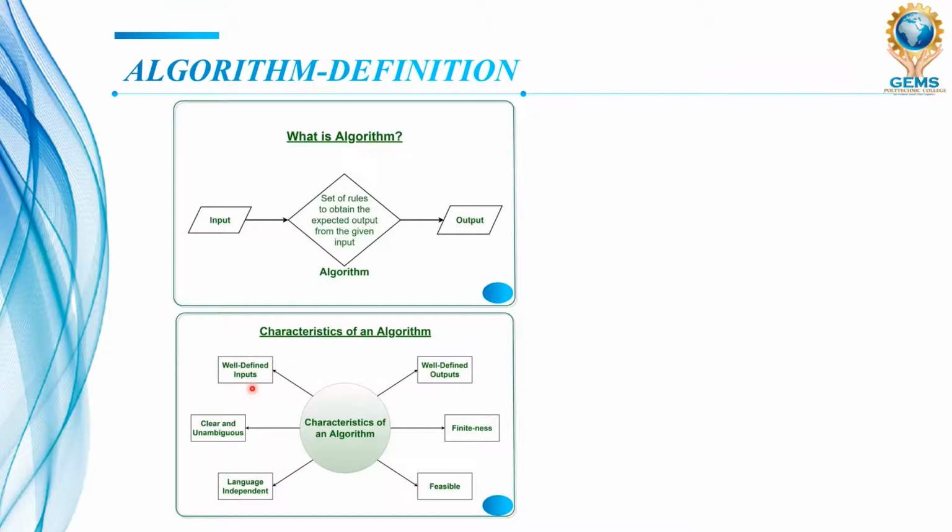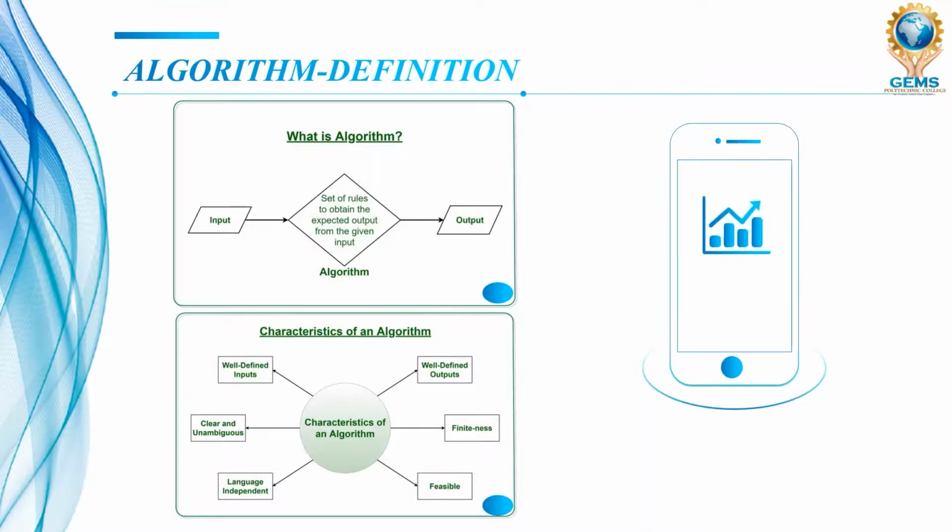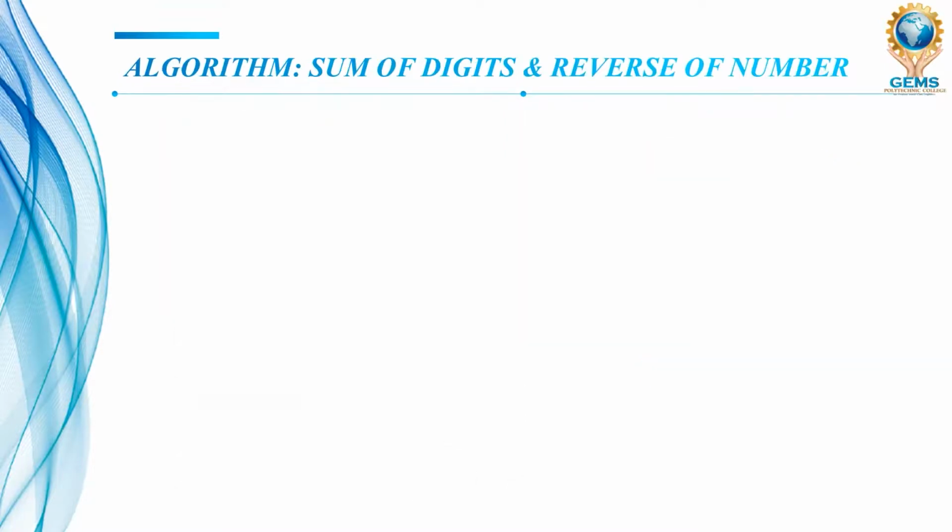Then our algorithm should be language independent, and our algorithm must have finiteness. That means our algorithm must terminate. So this is the concept of the algorithm I have given here for your reference. So I think it's clear for you by the picture I presented here.